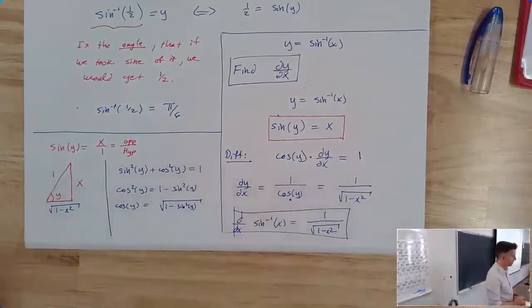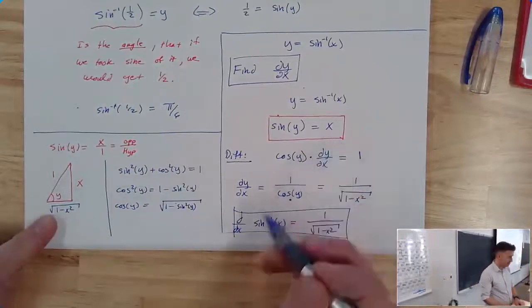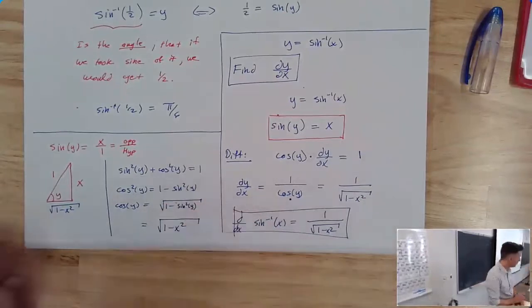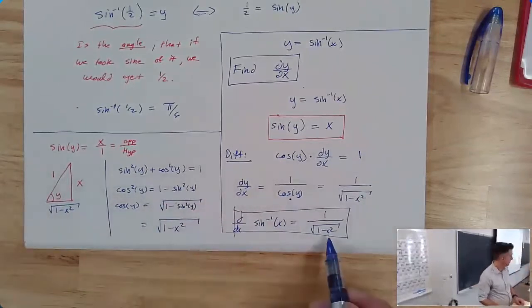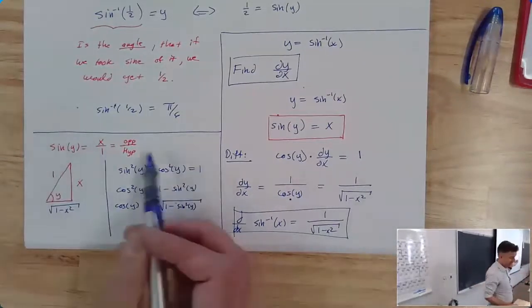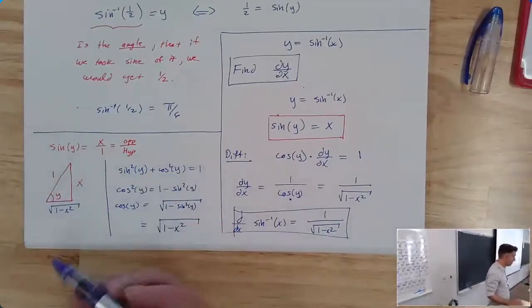Yes, I'm ignoring the plus or minus. There's a valid reason for doing so, which I will mention in a moment. But sine of y is just x, so this is really equal to the square root of 1 minus x squared, which is exactly what we got in the denominator. So you can either use a triangle or the trig identity. They're really the same thing, because these are the Pythagorean trig identities, and they come from using the Pythagorean theorem in this triangle.